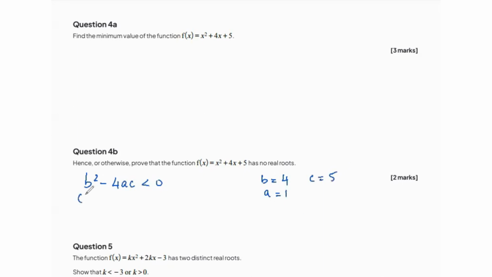Substitute the values. 4 squared minus 4 times 1 times 5. 16 minus 20, which is negative 4, and that is less than 0. So yes, it has no real roots, and we have proven that through our calculation as well.